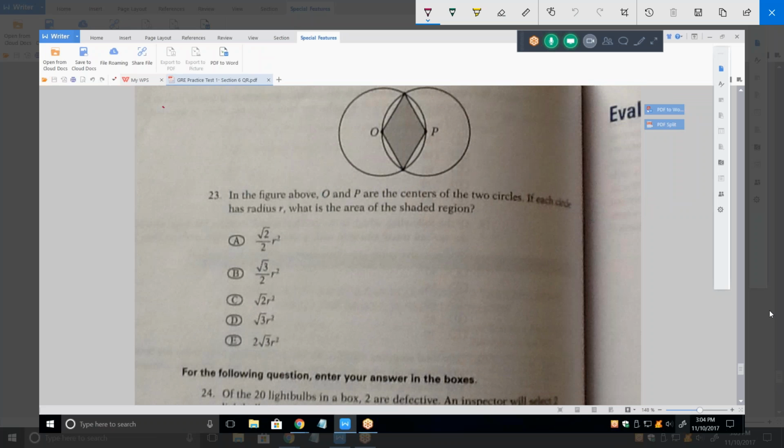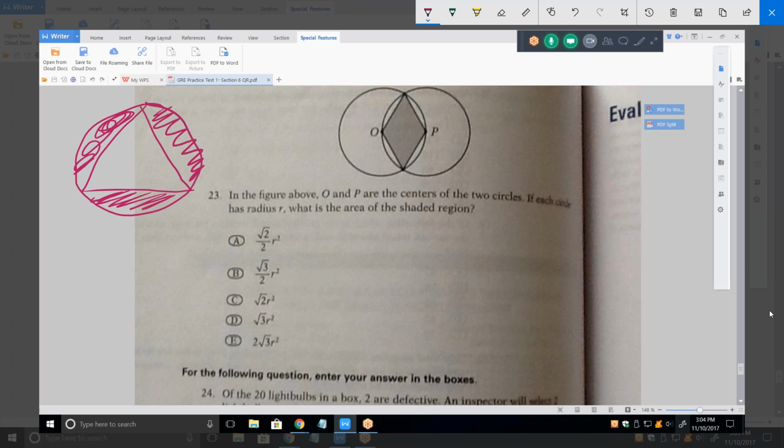First of all, in a typical shaded region problem, let's say you wanted to find out the area of the shaded region on the left. These are almost, and by almost I mean 98% of the time, subtraction problems.